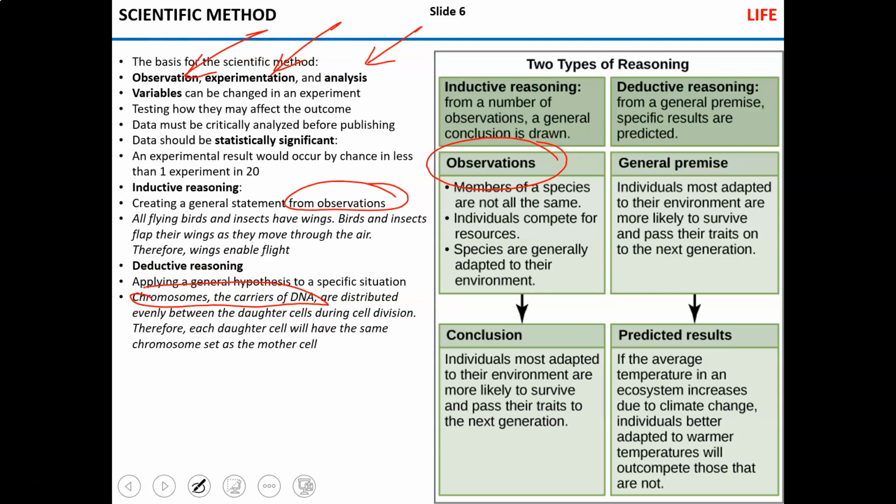So if we observe an individual act of cell division, we can predict that each daughter cell, as the result of that cell division, will have the same chromosome set as the mother cell. Going back to our example with the birds, we can say if wings facilitate flight, then if we take an insect and remove the wings, this insect won't be able to fly. Now, that concludes our conversation on lecture 1, and the next lecture will be about the chemistry of life.